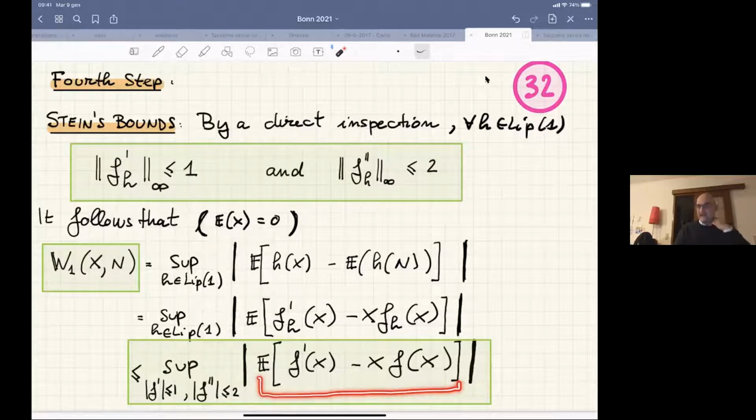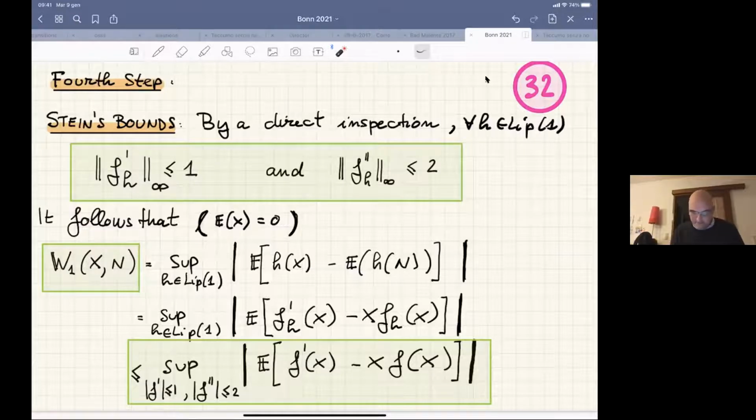The target random variable capital N disappeared. Its role has been replaced by this operator, f prime minus x f of x, that characterizes the Gaussian distribution. So there is no N anymore, but there is the quantity that characterizes the distribution of N. This is some sort of theoretical interest.